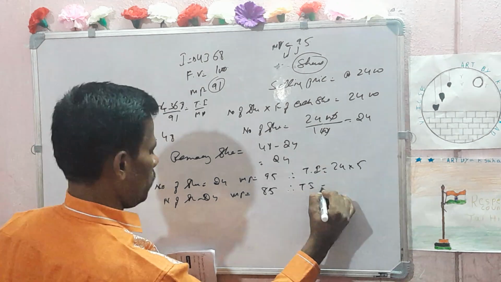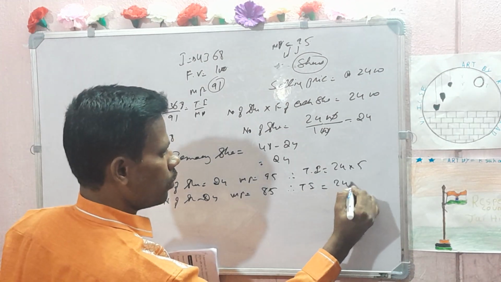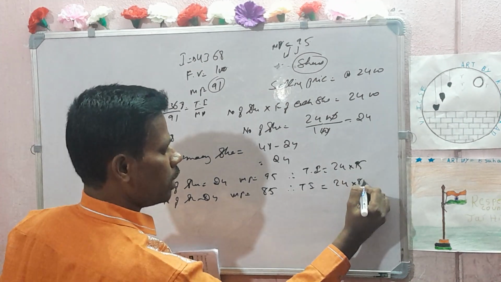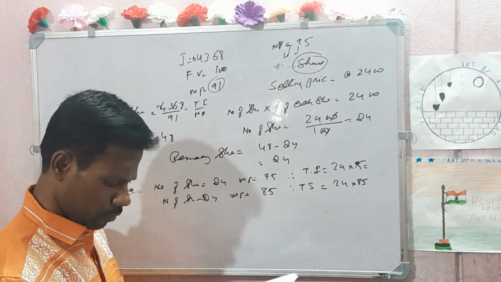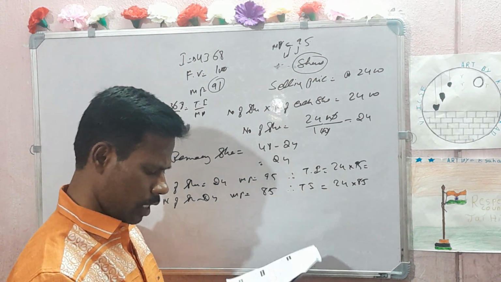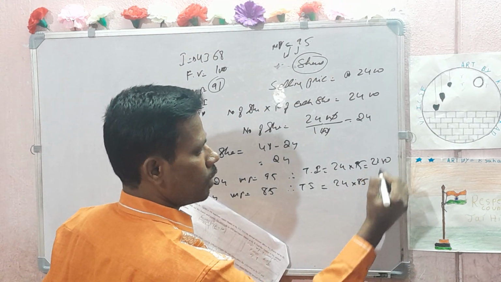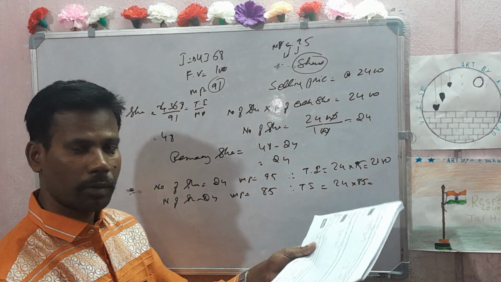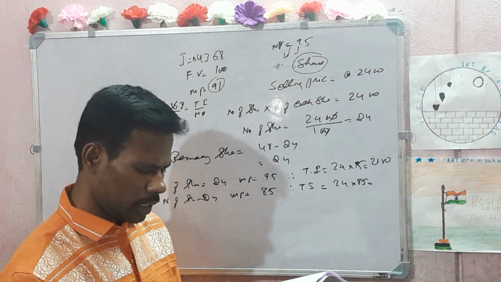Therefore total investment, what is that? 24 into 95, this is 85. Please do the multiplication by yourself, I am just writing directly.